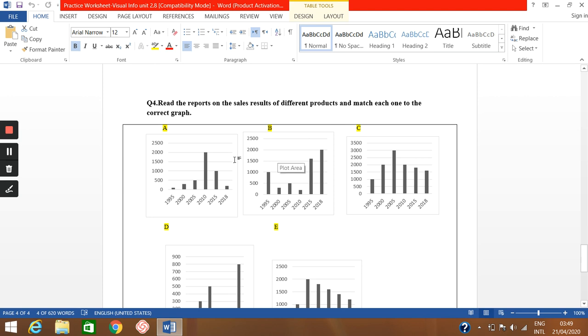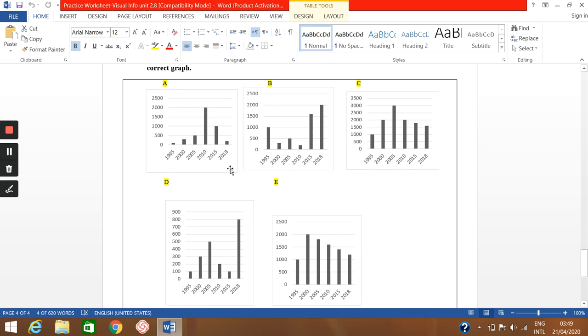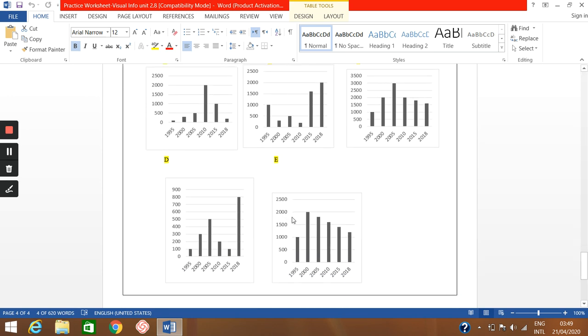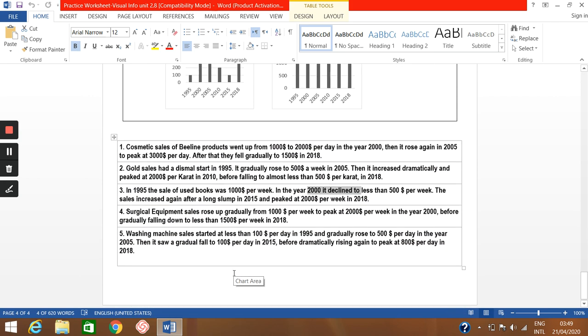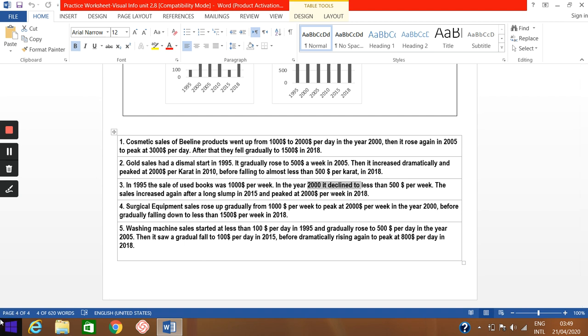Now, we have already chosen C, A, and B. And now we have the last two. So let's look at report 4. Okay. Surgical equipment, I mean equipment used for surgery work.